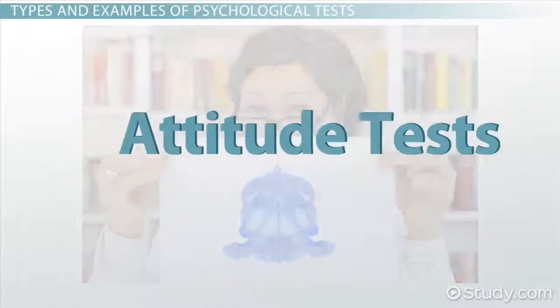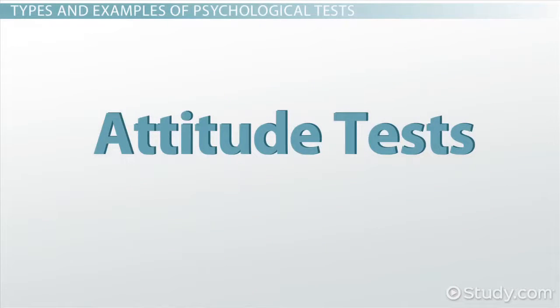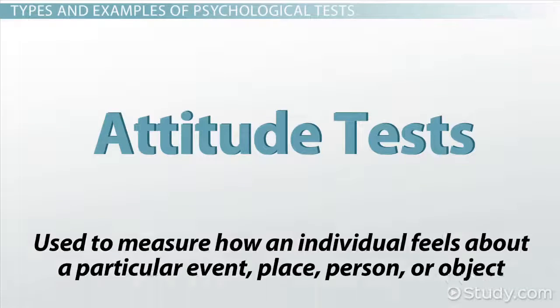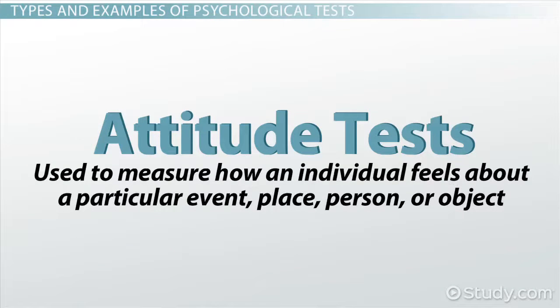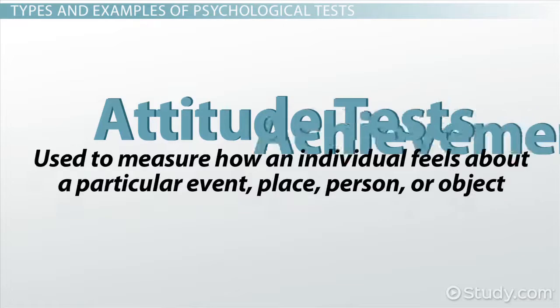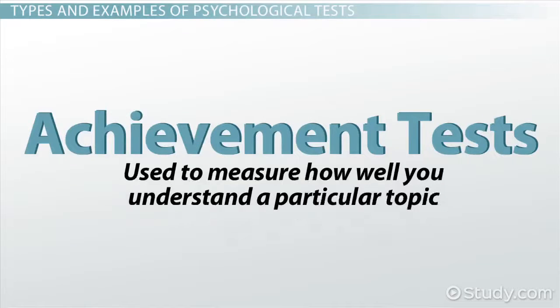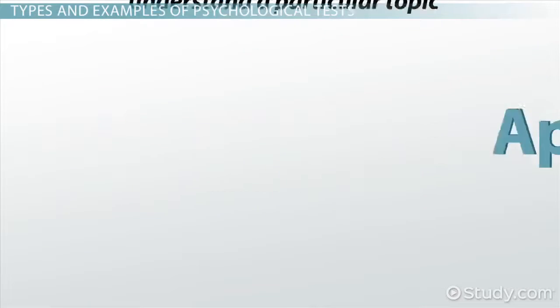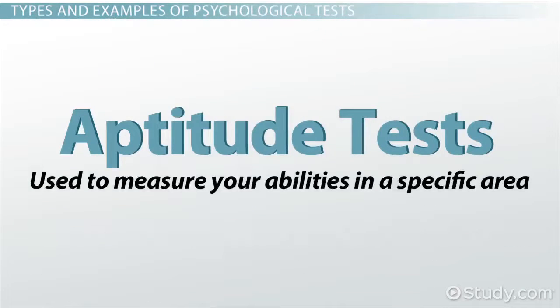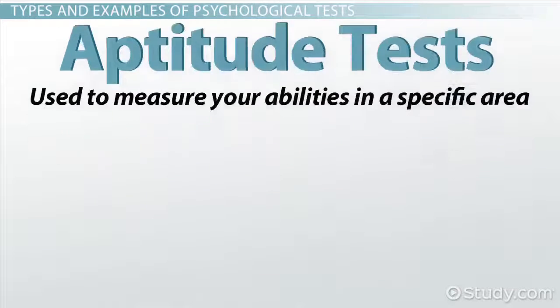Attitude tests, such as the Likert scale or the Thurstone scale, are used to measure how an individual feels about a particular event, place, person, or object. Achievement tests are used to measure how well you understand a particular topic, i.e., mathematics achievement tests. Aptitude tests are used to measure your abilities in a specific area, i.e., clerical skills.